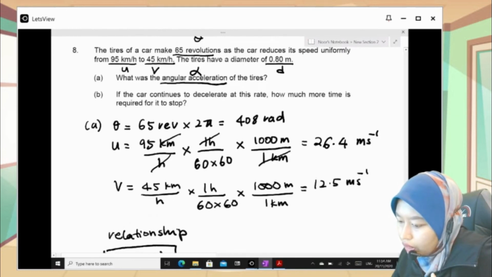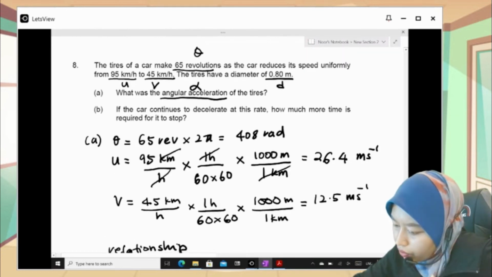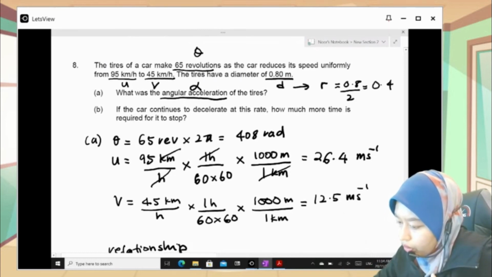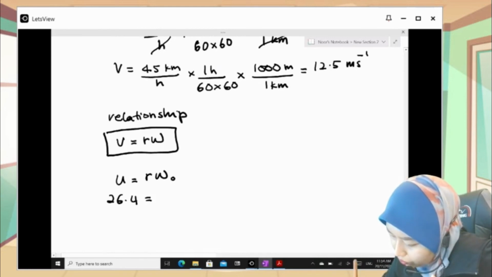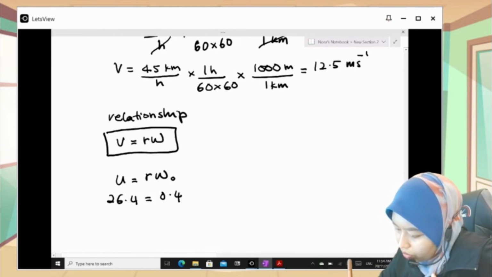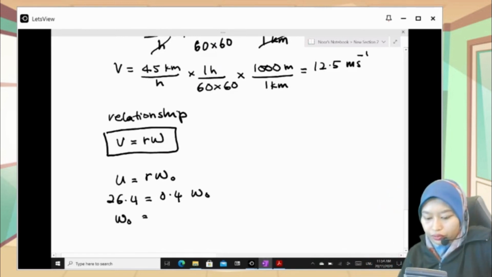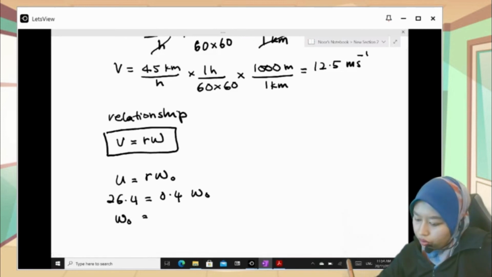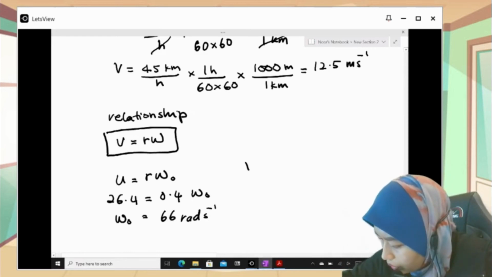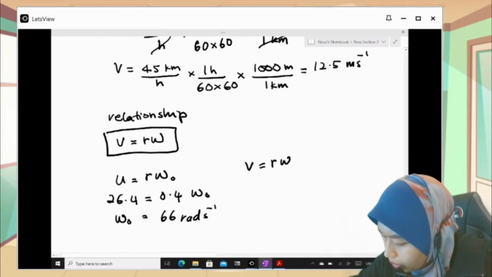The radius is 0.8 divided by 2, so 0.4 here. So radius is 0.4. So what was the omega naught? Okay, 26.4 divided by 0.4, 66 radian per second.